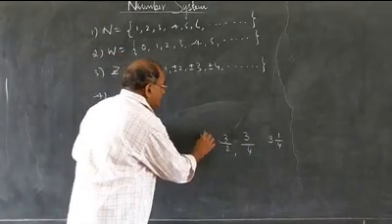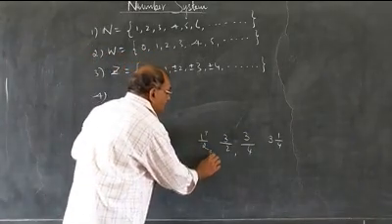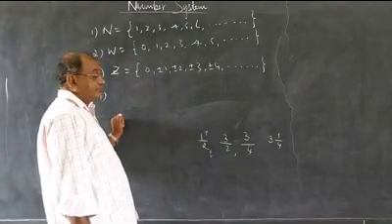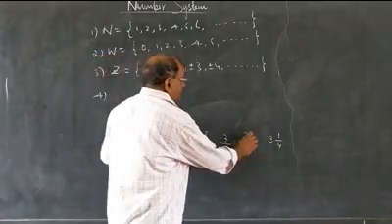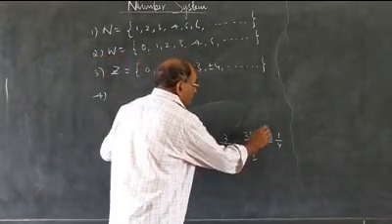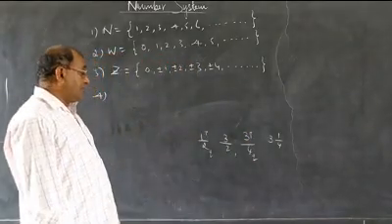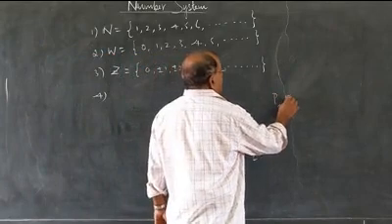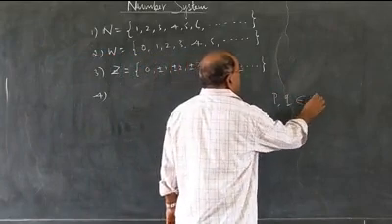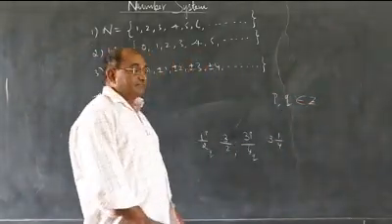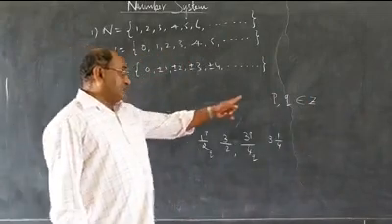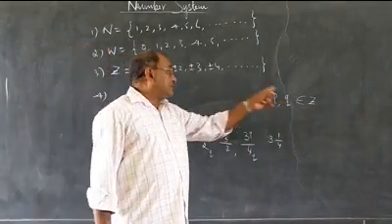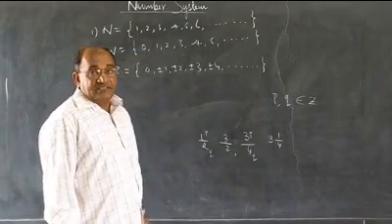I call the numerator as P, I call the denominator as Q. So here P is 3, Q is 4. And simply I say these terms, P is an integer, Q is an integer, both belong to Z. Two integers, P and Q, belong to the set of integers, Z.